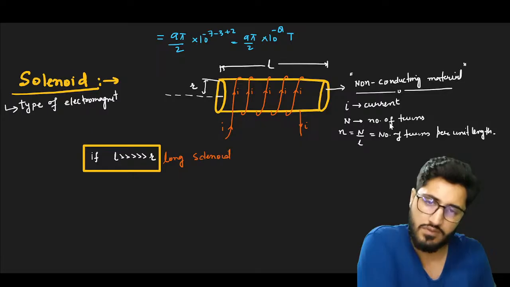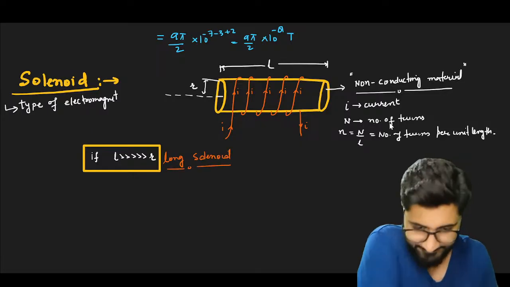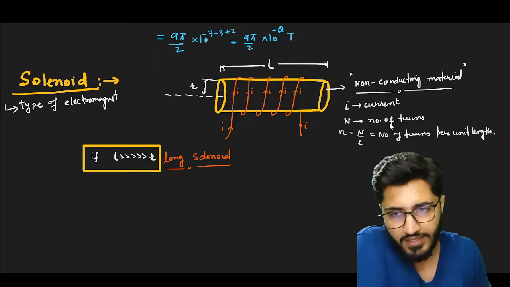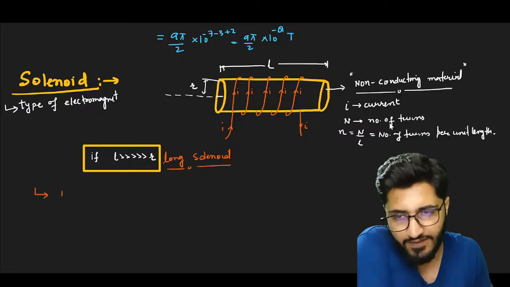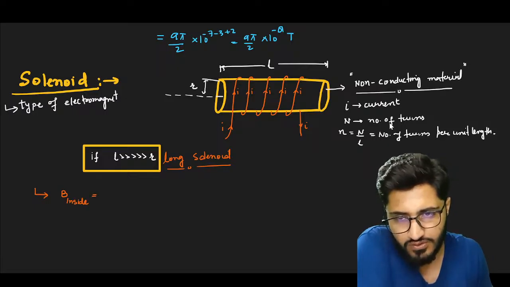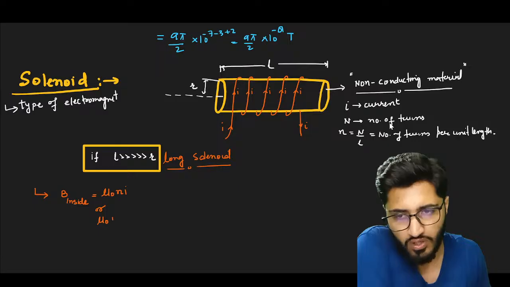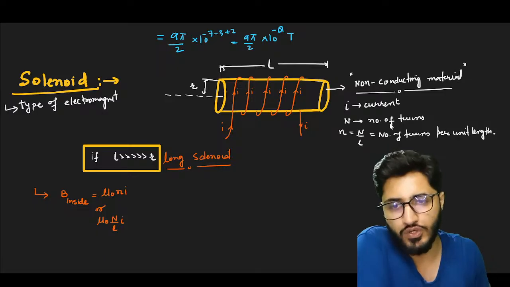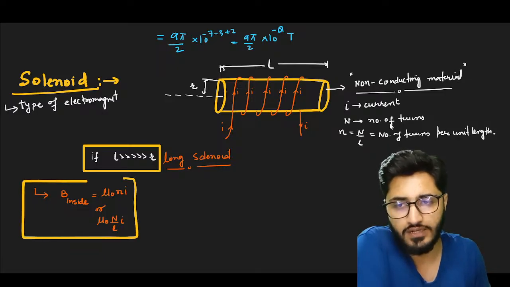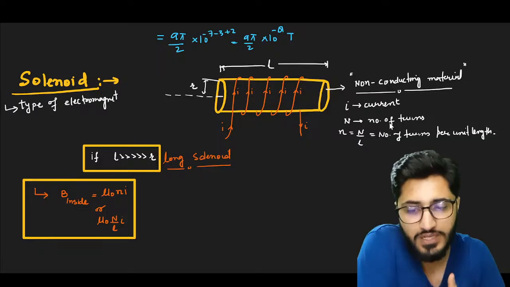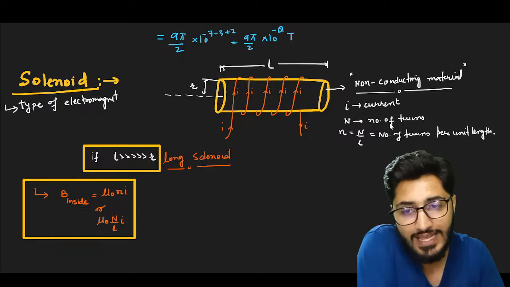Now, for this long solenoid, just remember the magnetic field inside. Inside magnetic field is equal to mu naught n I, or mu naught N by L I. These are two formulas that you need to remember for a long solenoid only.